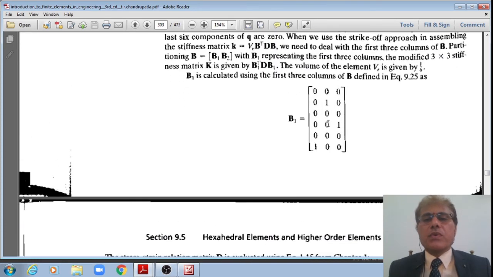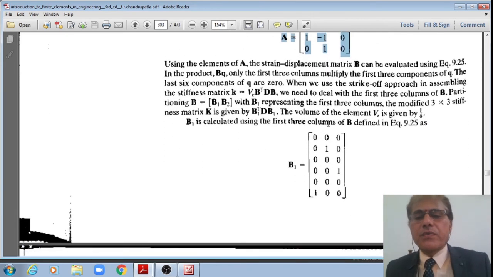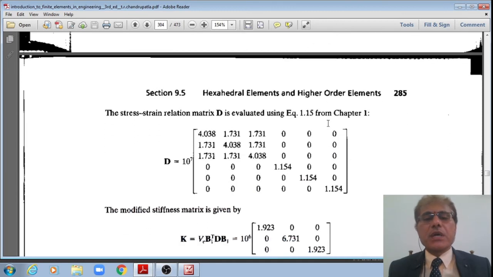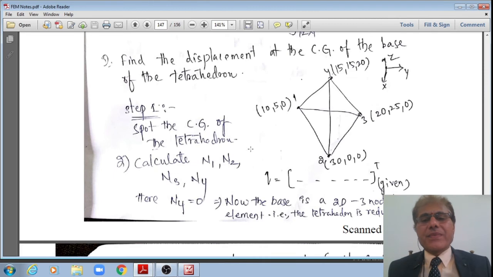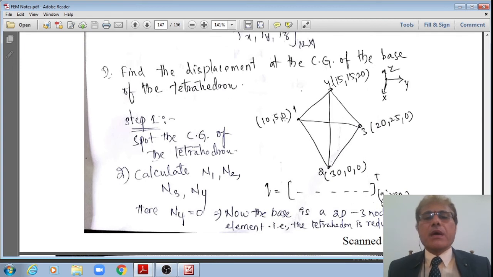Then once I get this Jacobian inverse, you may use that for finding out the strains or the displacements also.